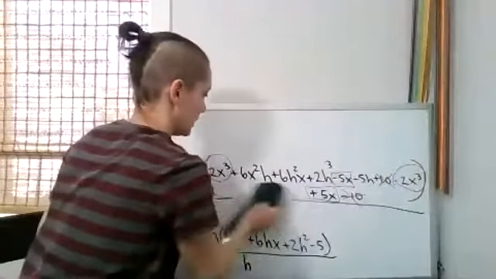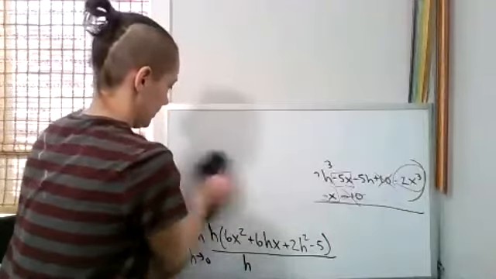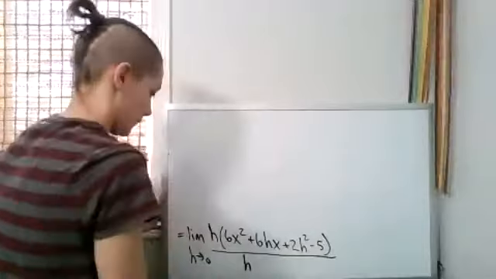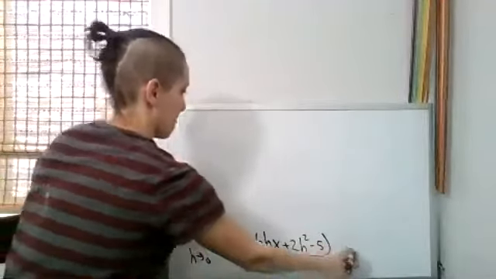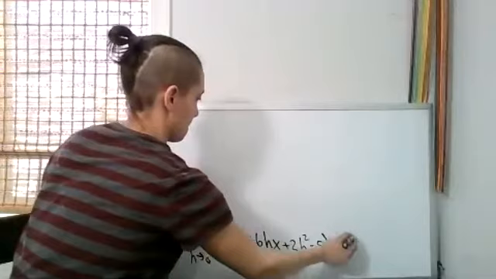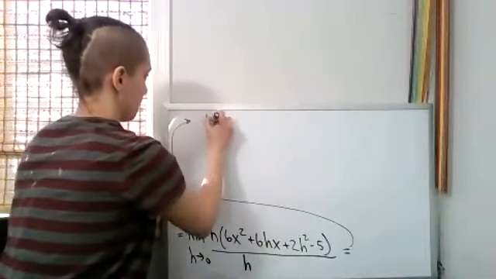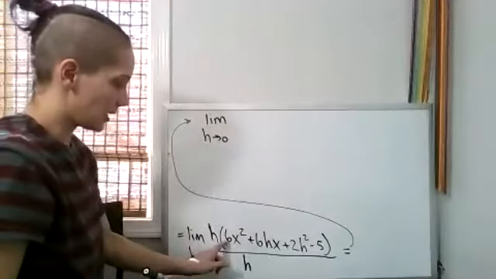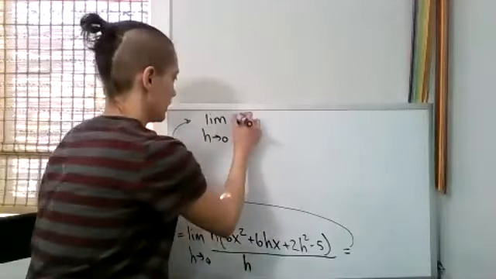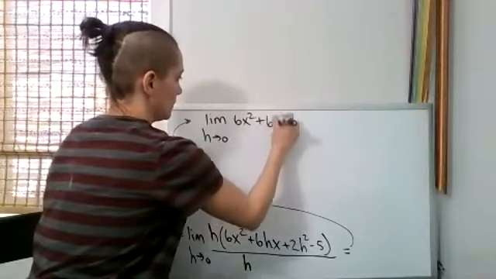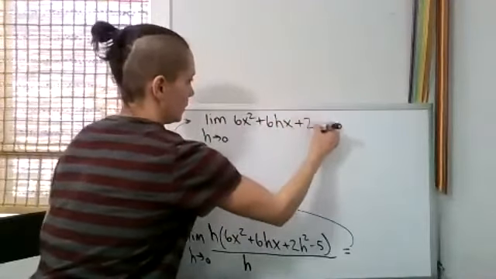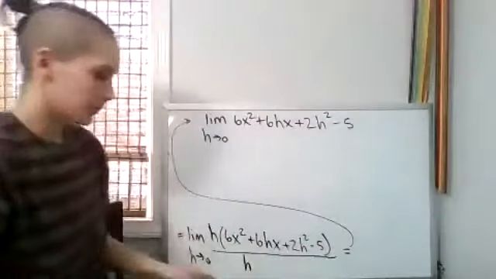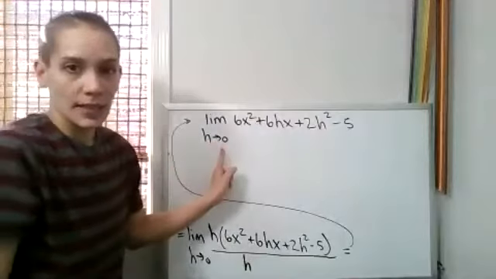Okay, so hopefully I got all this stuff. Okay, so that's gone. 6x squared plus 6hx plus 2h squared minus 5. All right, let h go to 0.